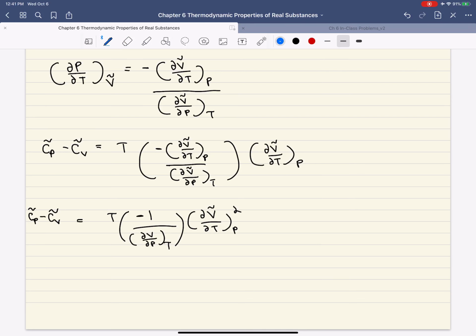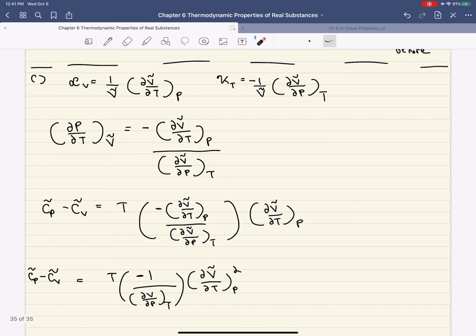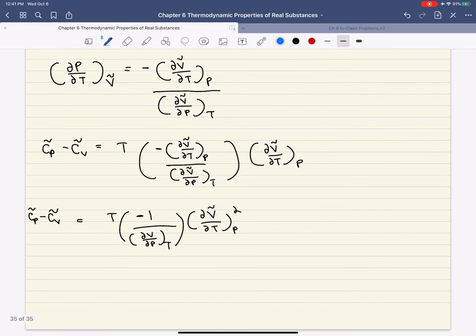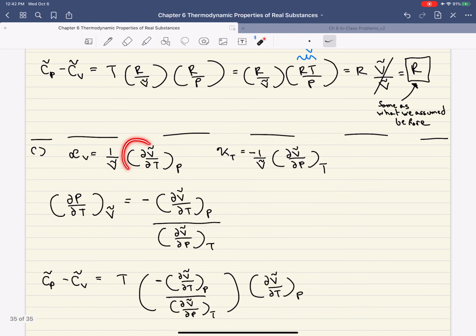What we have here is negative 1 over dv/dp at constant t. That's the same thing as saying we have 1 over molar volume kappa t. And this dv/dt squared is the same thing as alpha squared molar volume squared. That comes from just rearranging this equation.